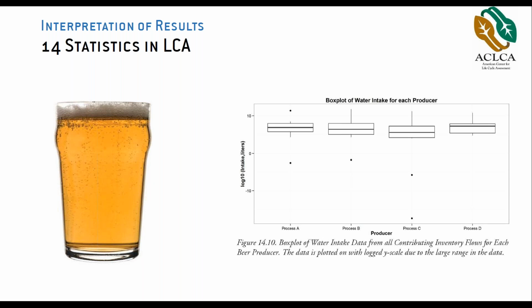When you look at this data, it's on a log 10 basis, but there's a huge range looking at the data. And what that means is that it's very difficult to make a statement that one beer is better than another from an environmental perspective. Wide range of data.